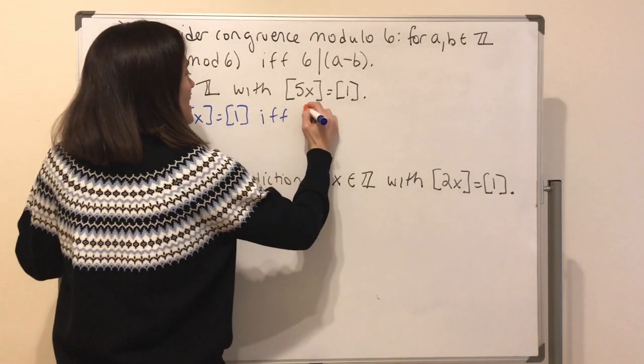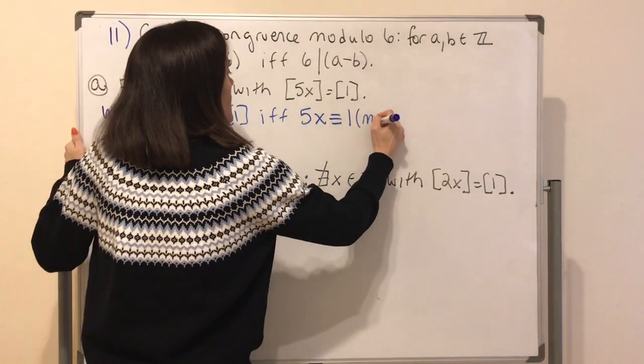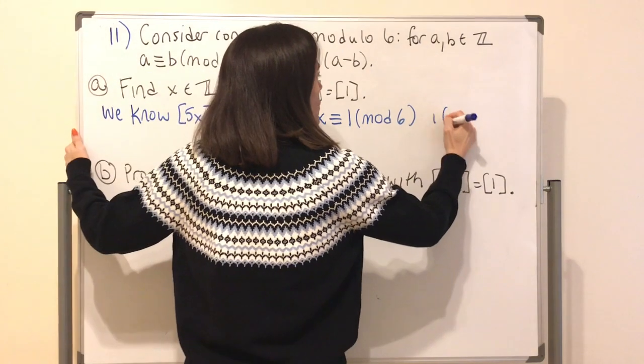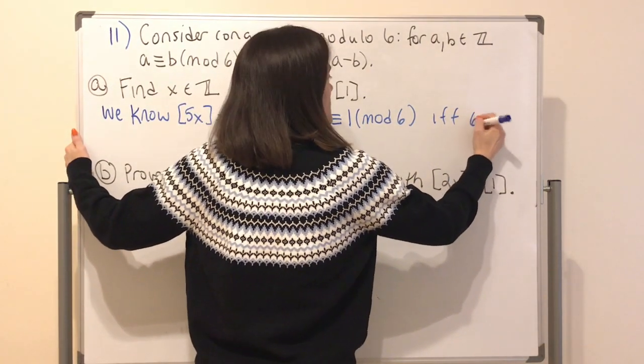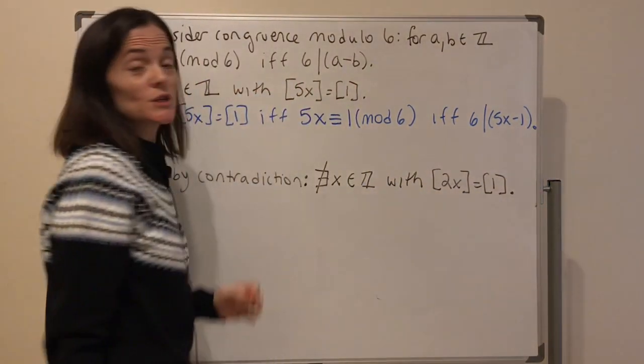We proved this in class. So 5x is congruent to 1 mod 6, if and only if 6 divides 5x minus 1.